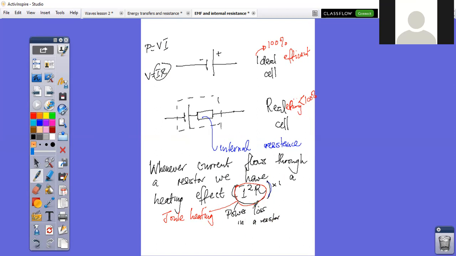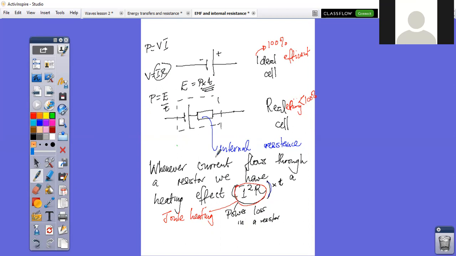Power is energy divided by time, so energy equals power times time. If you knew the duration for which the current runs through a resistor, and you knew the current and the resistance, you could work out how much energy has been dissipated.